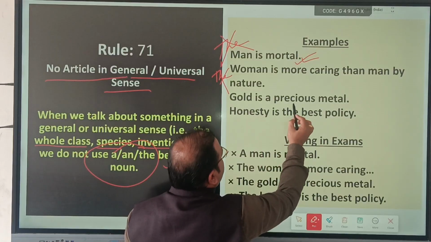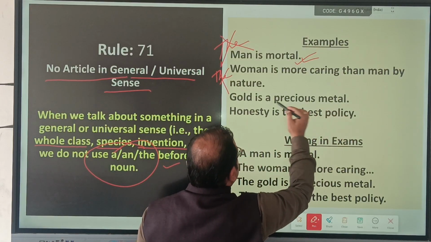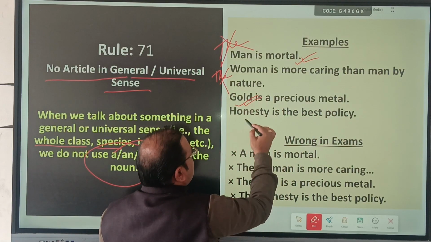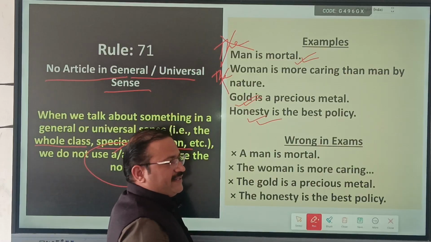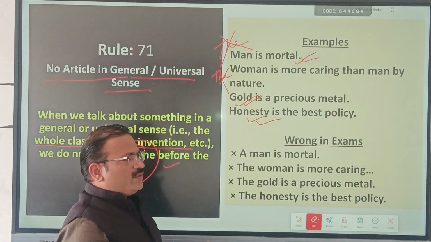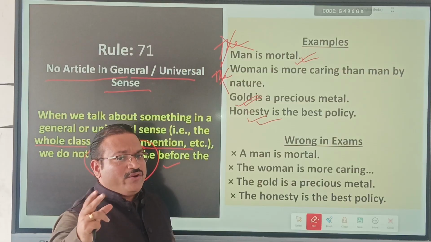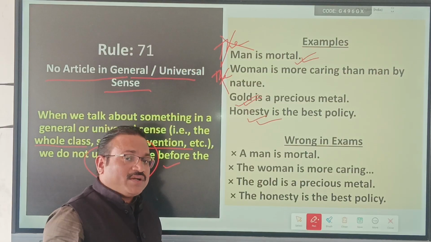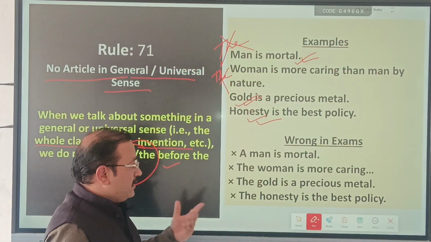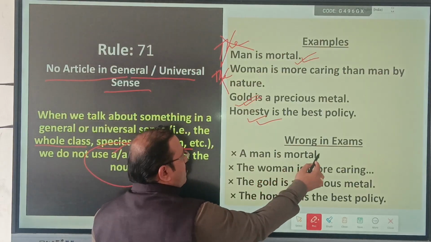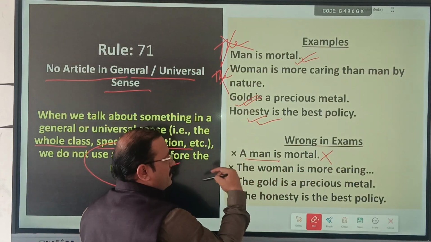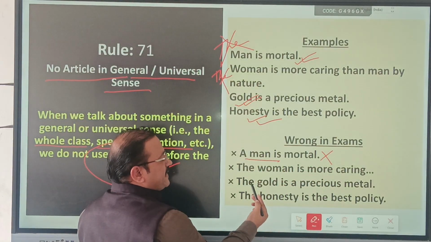Gold is a precious metal. Gold. Honesty is the best policy. So anything when it is talked in general or universal, they don't generally take a or the. A man is mortal, wrong. Why? Man being talked in general universal sense.